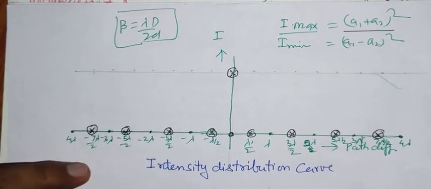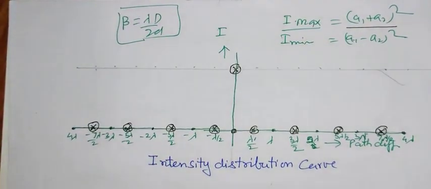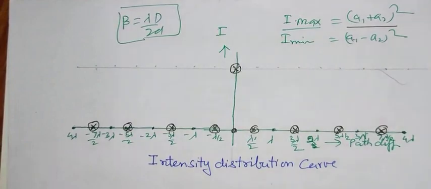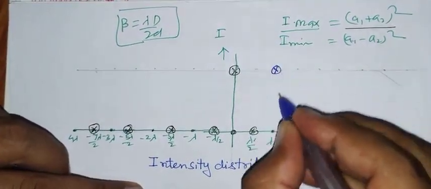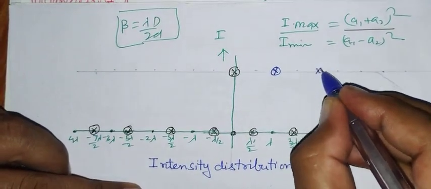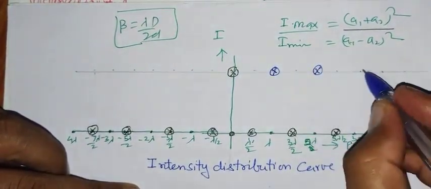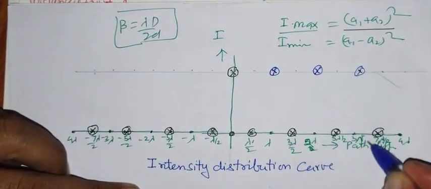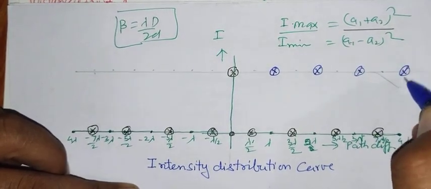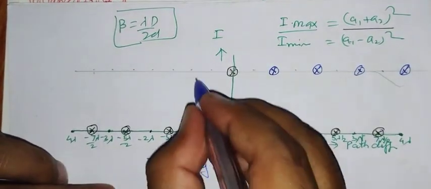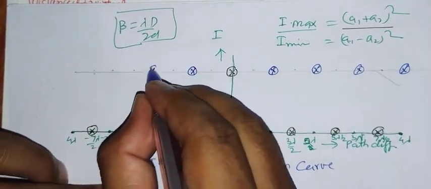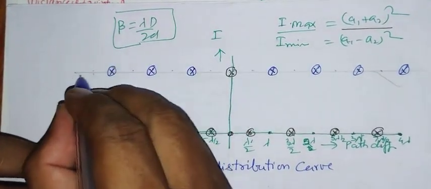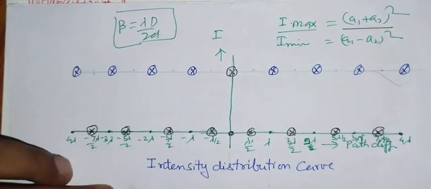These are the positions of dark bands, and bright bands are obtained when there is a path difference of lambda, maximum, 2 lambda, 3 lambda, 4 lambda, and likewise minus lambda, minus 2 lambda, minus 3 lambda, minus 4 lambda.